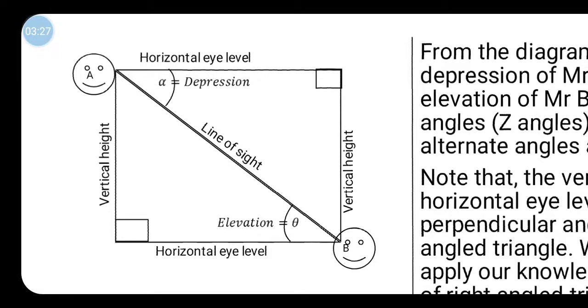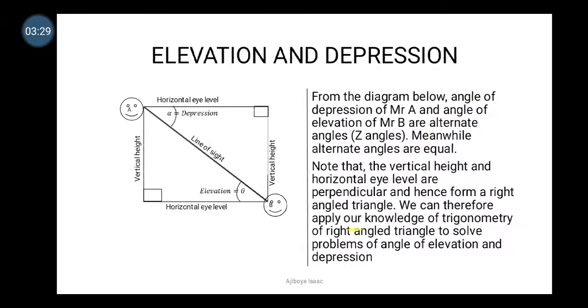From the diagram, it is important we observe that the angle of depression of Mr. A and the angle of elevation of Mr. B are alternate angles. That is, angle alpha and angle theta are alternate angles.